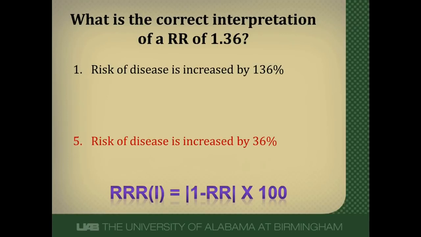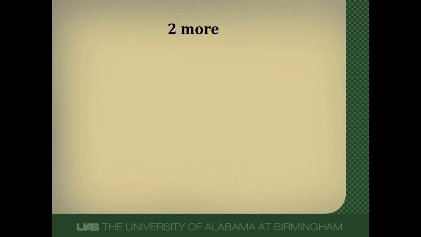So relative risk of 1.36 means risk of disease is 36% greater in exposed persons relative to unexposed persons. So remember this formula. It's something you'll need both for your step exams, etc., but also importantly in clinical practice.